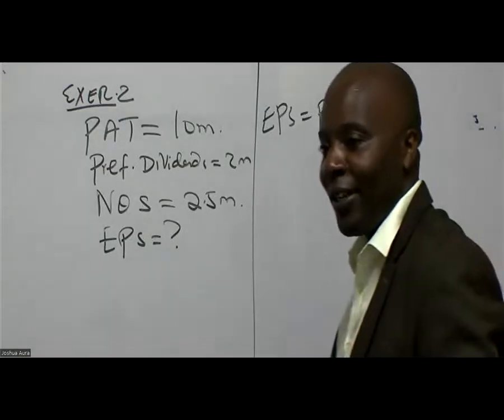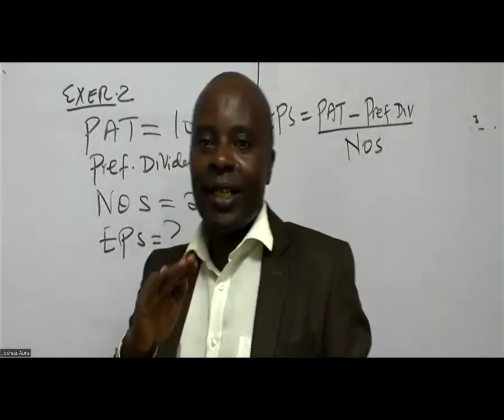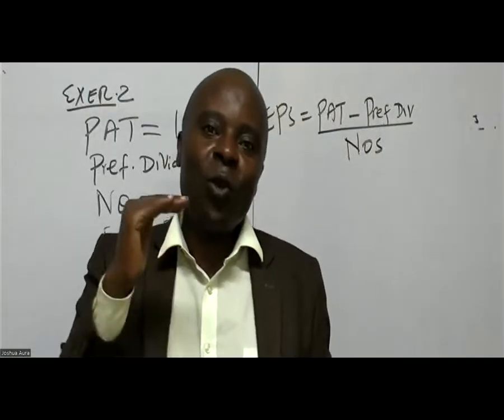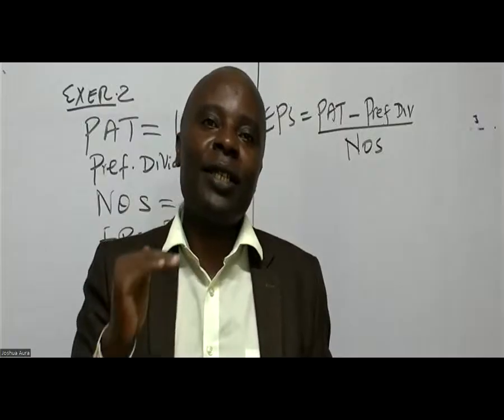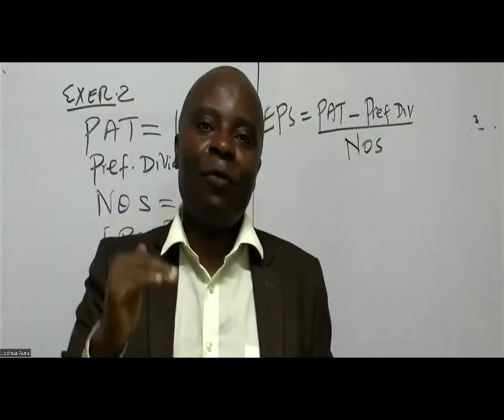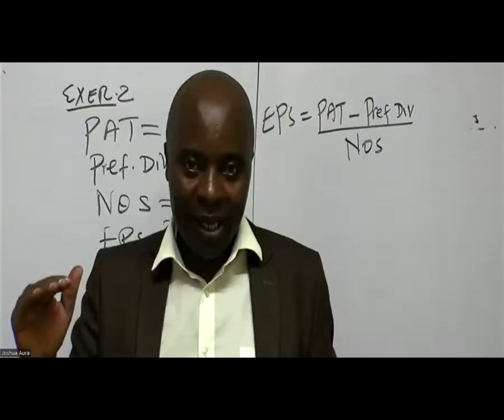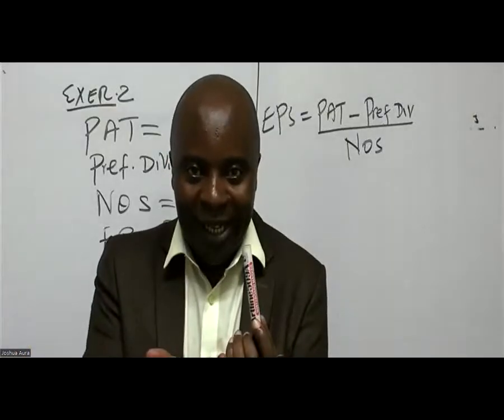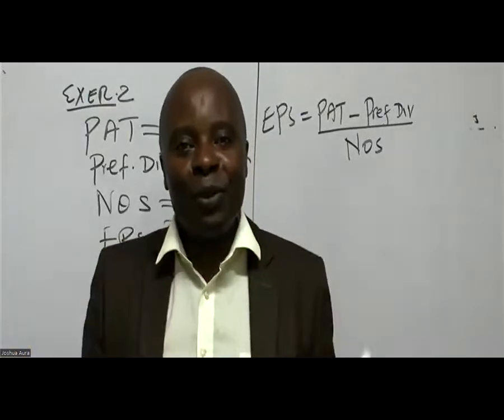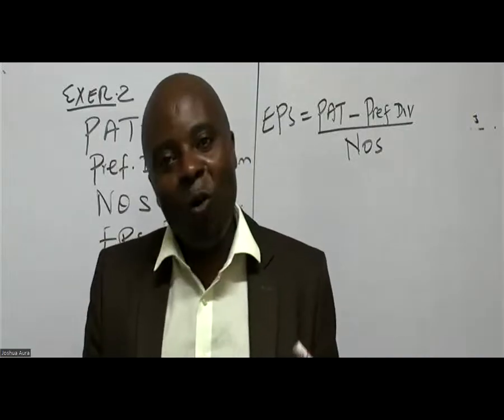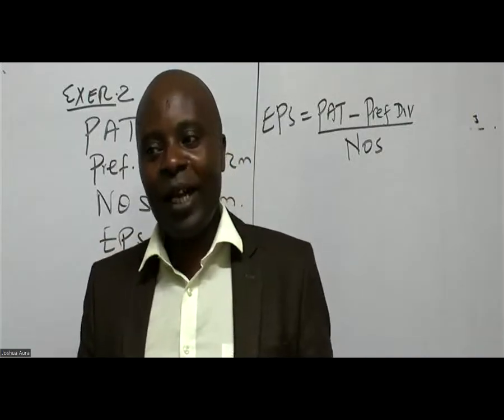So you take profit after tax, you first appropriate preference dividends from there, and whatever is left is now the profit attributable to ordinary shareholders. Great.